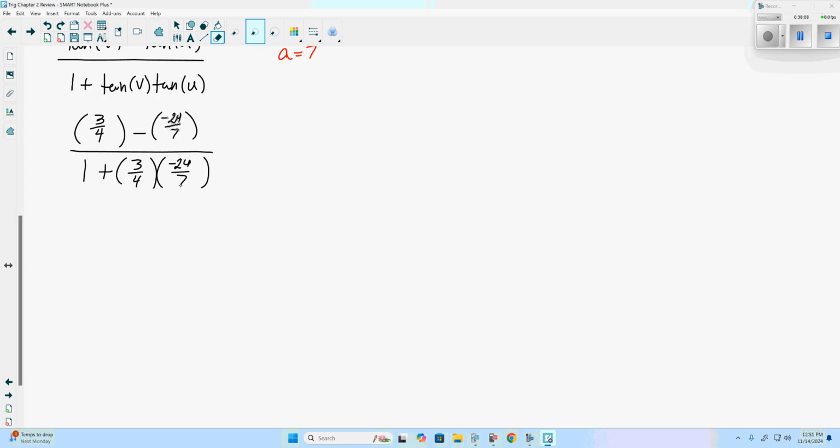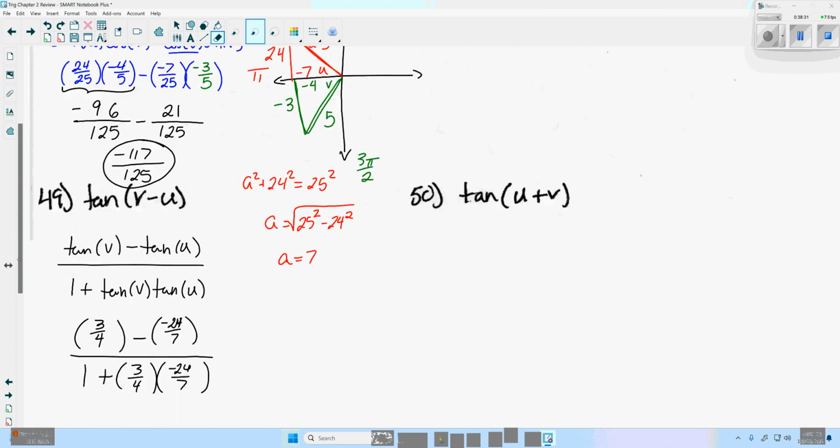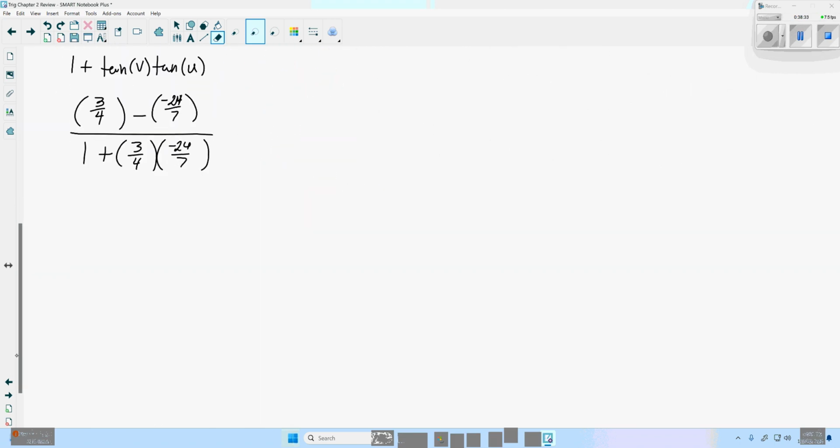Questions on how we got this set up? You feel comfortable at least getting it set up here? At this point, we can stick that entire thing as it is into the calculator, and it will reduce everything. Should be 24, yes, because 24 opposite over adjacent.